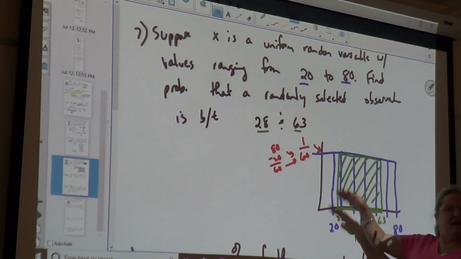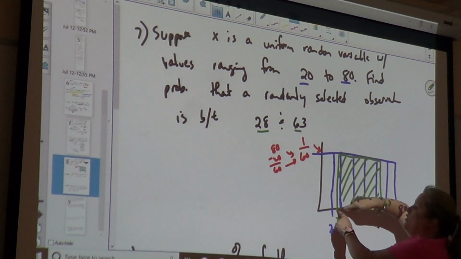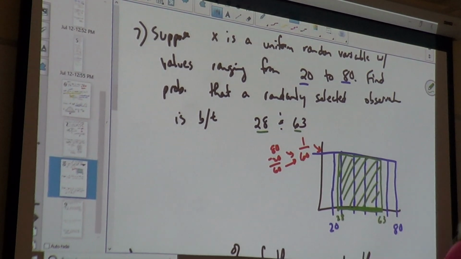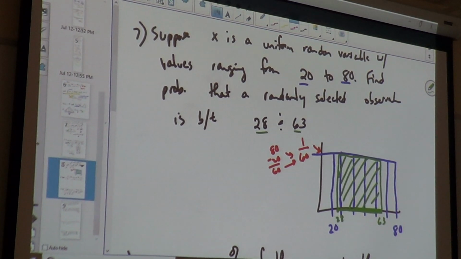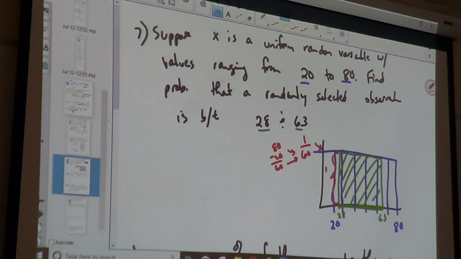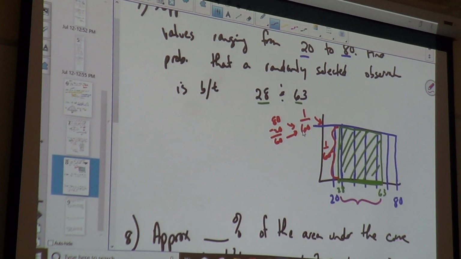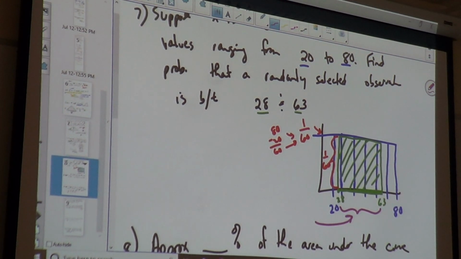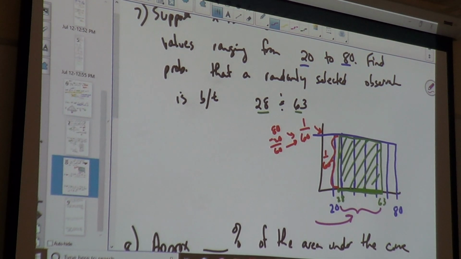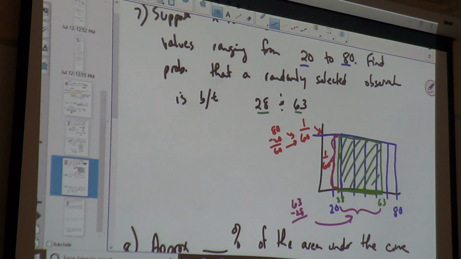We know that the height of the box is 1 over 60. I now need to know how wide my box is. How far is it from 28 to 63? 63 minus 28 is 35.